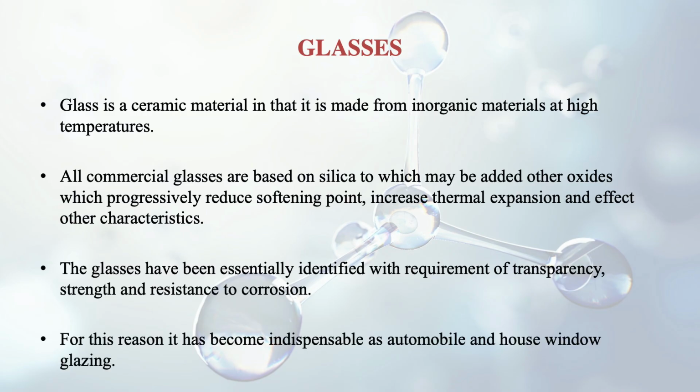Glasses have been essentially identified with the requirement of transparency, strength and resistance to corrosion. We have seen these things in our automobiles and in our cars. We need glasses, then only we can see in front and we can drive, because they are transparent, so we are able to see. This is a very important property.